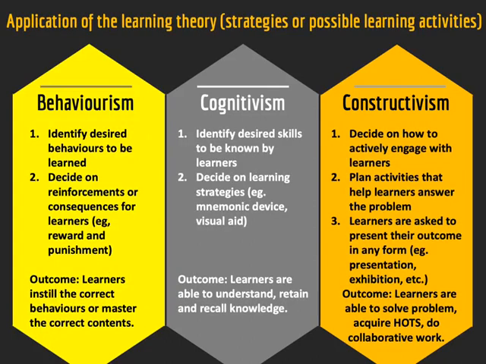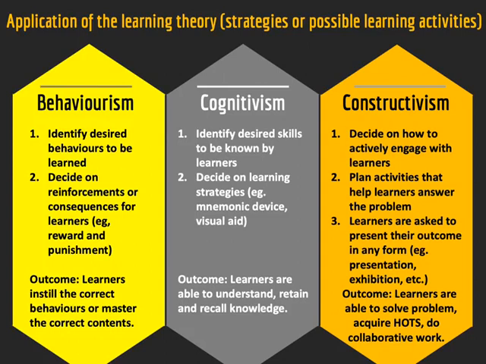Moving on to the application of the learning theories, in behaviorism, what you can do is first identify desired behaviors to be learned, followed by deciding on reinforcements or consequences for learners, for example, those that involve reward and punishment. So as the outcome, learners instill the correct behaviors or master the correct contents.